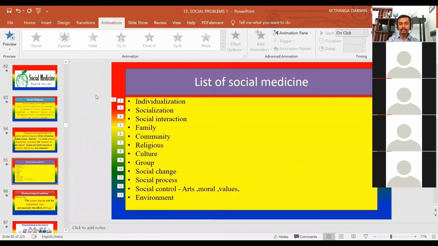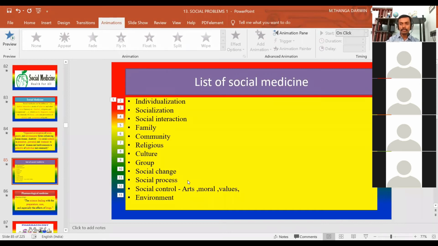Here I have listed some social medicine: individualization, socialization, social interaction, family medicine, community medicine, religious medicine, cultural medicine, group therapy or group medicine, change medicine. Social change is a medicine. Social process, every process is used as a medicine, mainly cooperation, competition, accommodation.